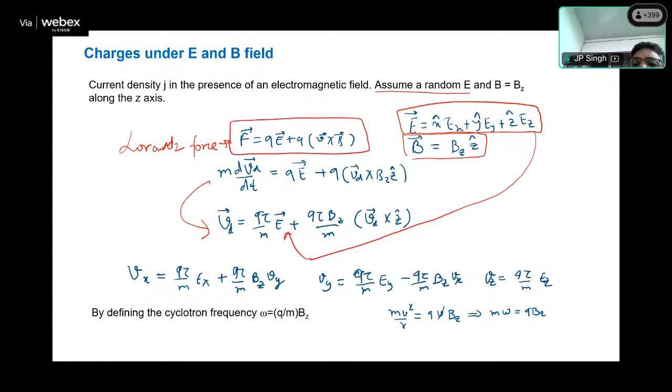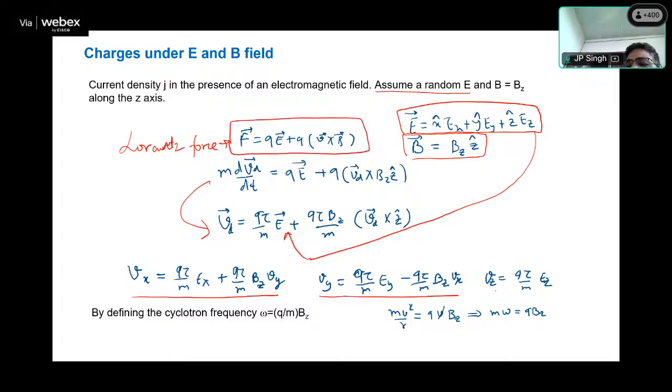So I can also write the drift velocity component-wise. Vx will be simply this much, and correspondingly I will get the Vd components here. So the drift velocity in the x direction is given by this relation, and similarly for the y direction.